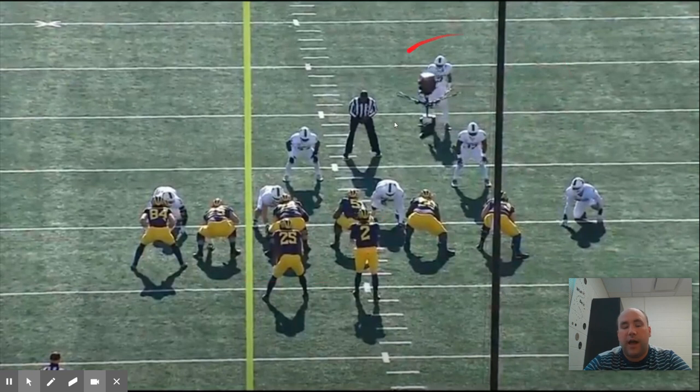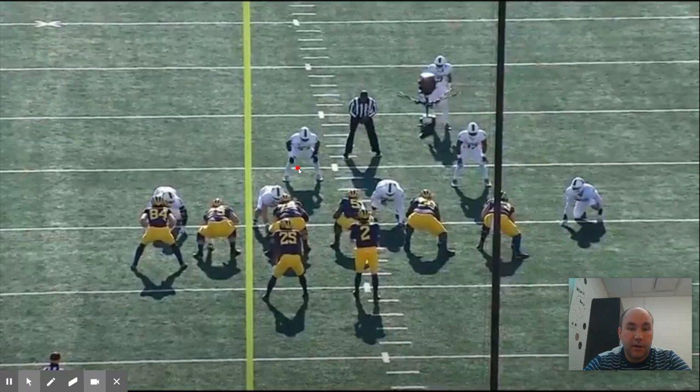I don't believe you have to ID the point or mic. I think if you run a lot of personnel groupings, you might need to. But if you're running an offense where you're expecting to see a lot of 4-2 looks, I don't necessarily think you need to ID everything in the book. Or if you're running an offense of 21 or 12 personnel where you're expecting to see a lot of 4-3 looks, same thing.